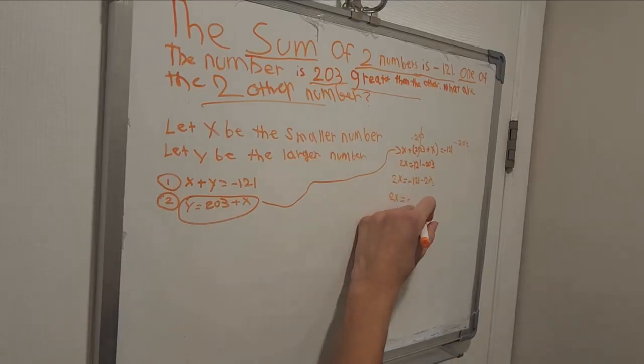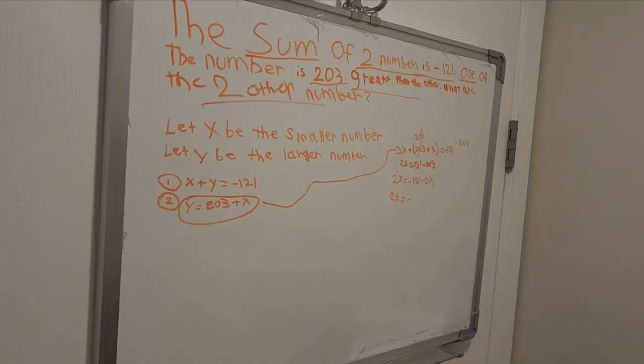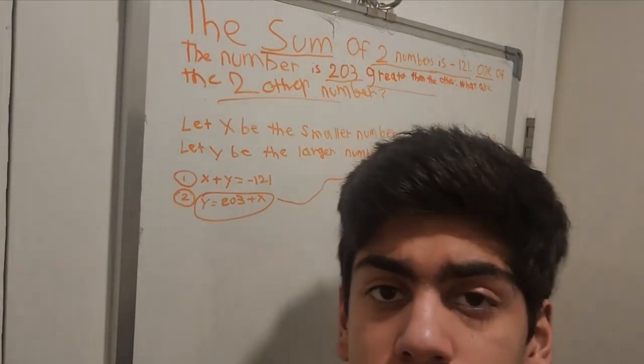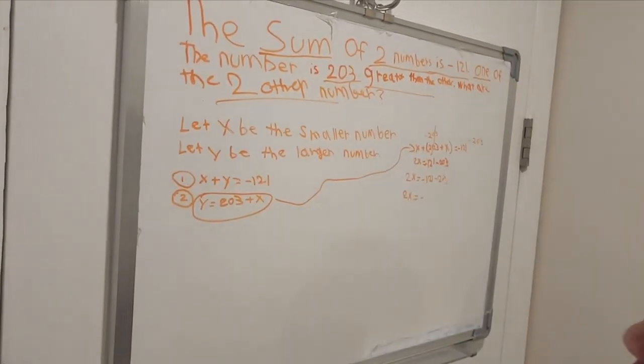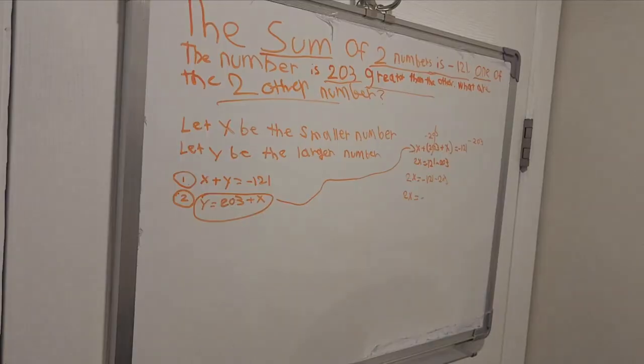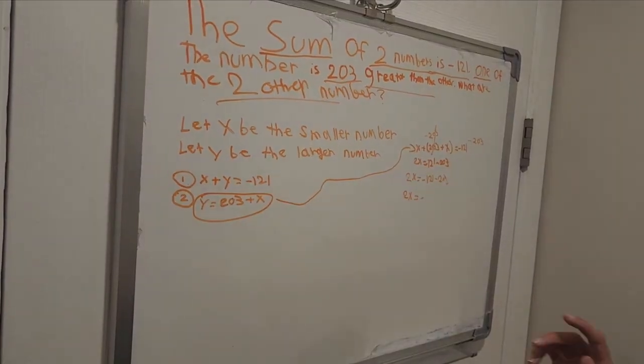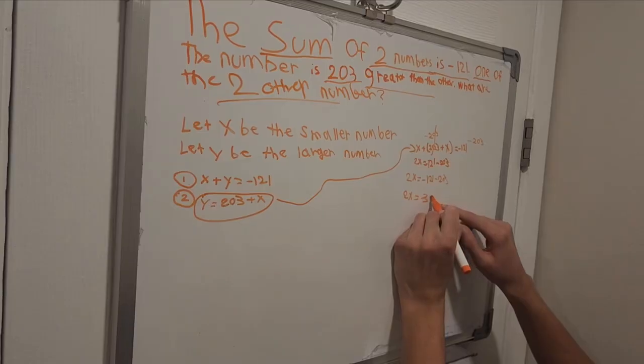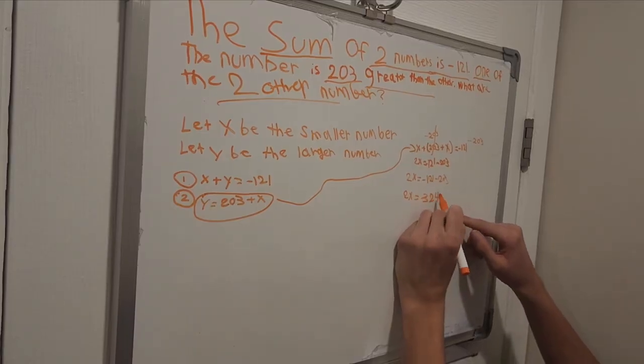Wait a second, maybe I'm wrong. Am I wrong? I have to recheck it. One sec. So I'm back. So I think I'm not wrong. I'm just gonna guess it. So it's negative 324.